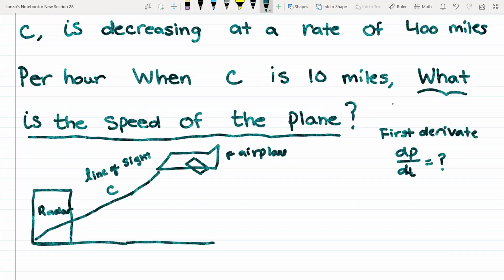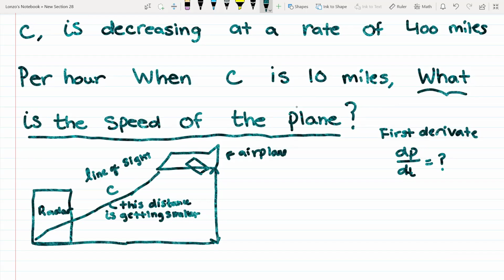And this distance here is eventually going to get smaller until it becomes nothing, because eventually the airplane will stop. So this is probably the best image I could think of: an airplane going downhill until it lands.